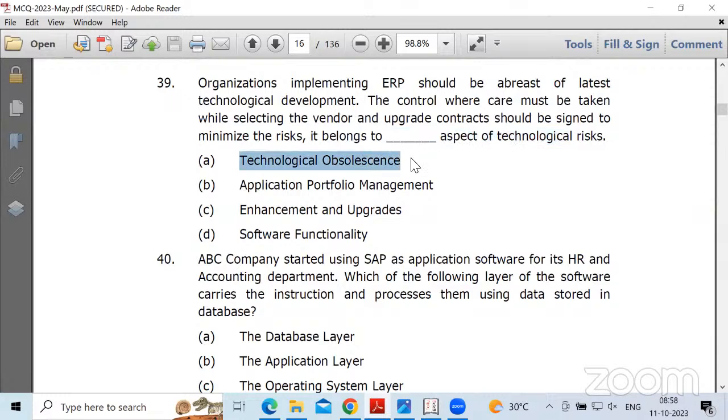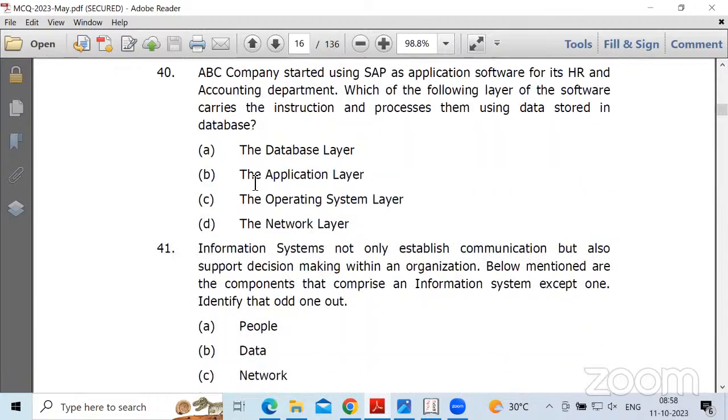Technological obsolescence, because today you purchase some technology or application, tomorrow it is not there, it became obsolete. Therefore, technological obsolescence.